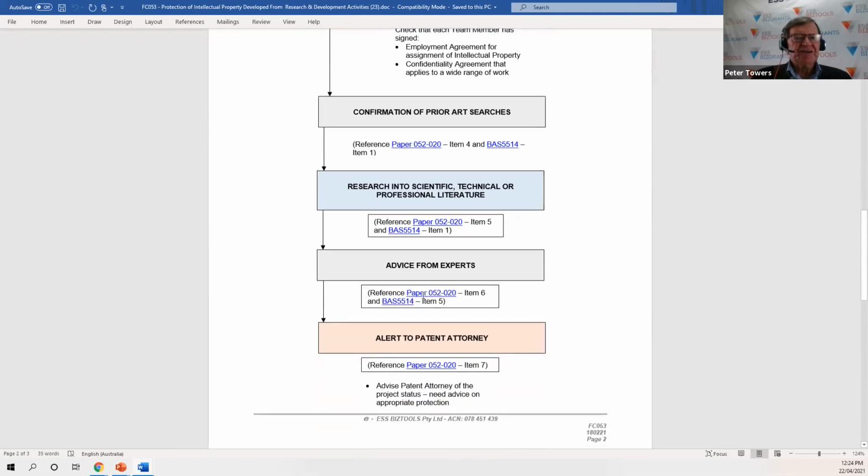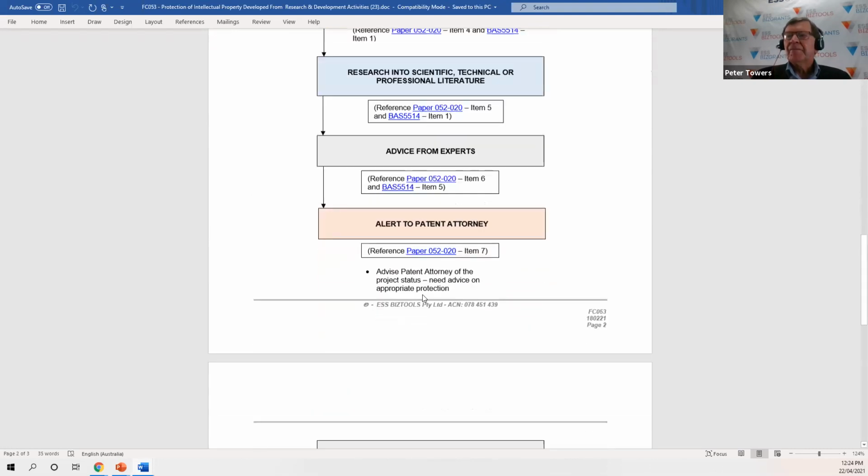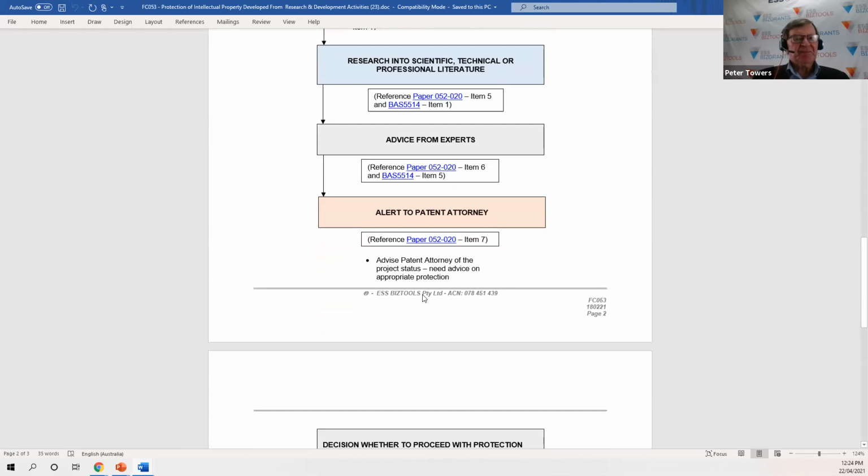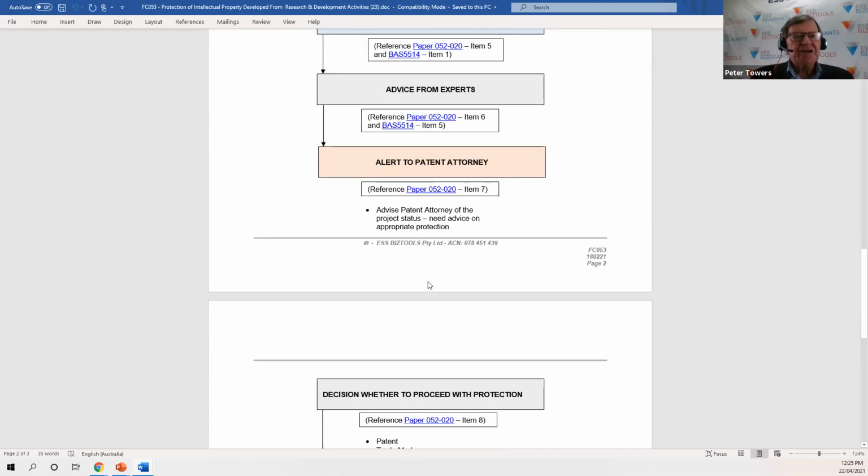Together with any advice that's been received from experts to say that no one's ever done this in the world. And perhaps there's an alert to the company's patent attorney or to a patent attorney that's now being appointed to see what other information he or she will require to ultimately be able to prepare a patent application.